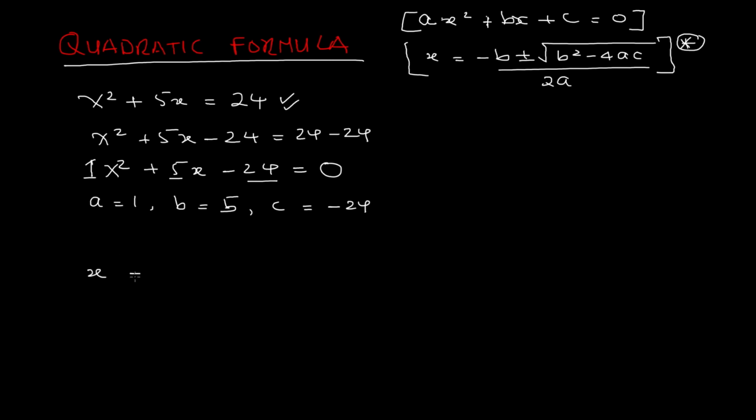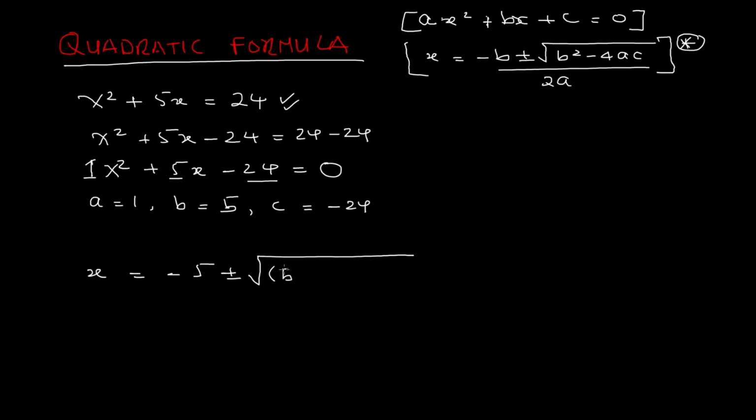So therefore, x is going to be, I'll start with negative B, which is 5. I'm using this formula now. And then plus or minus.